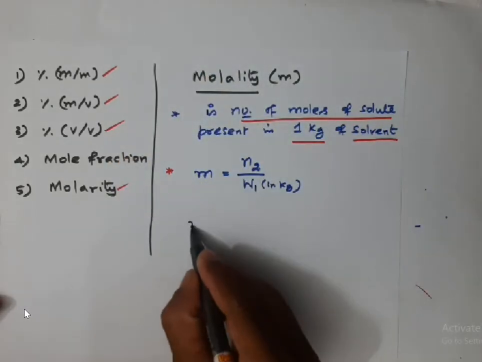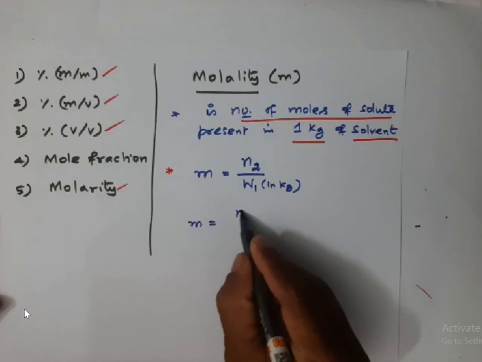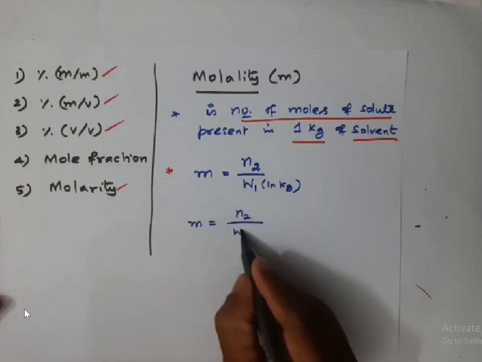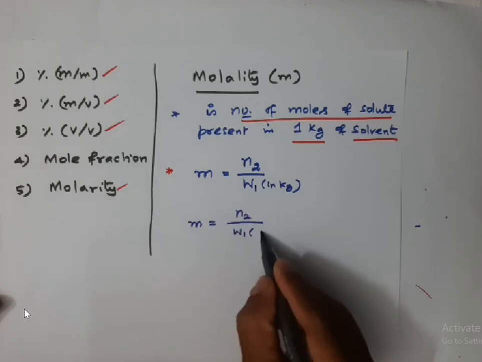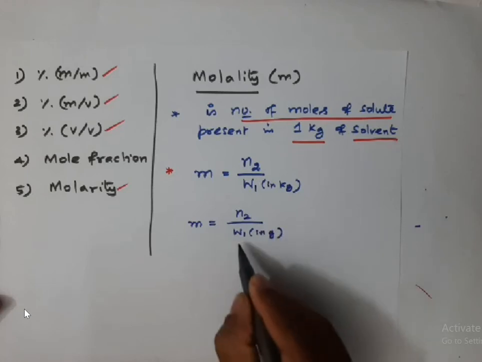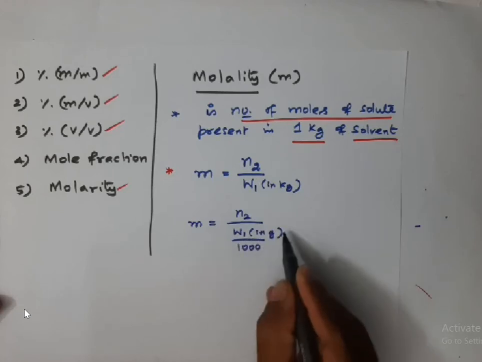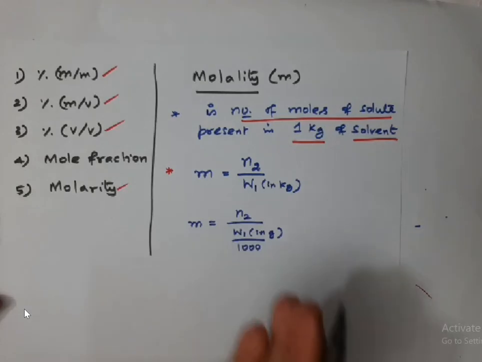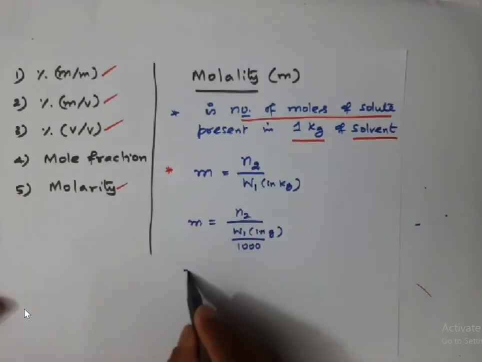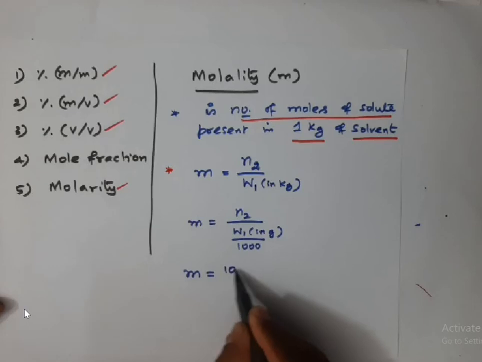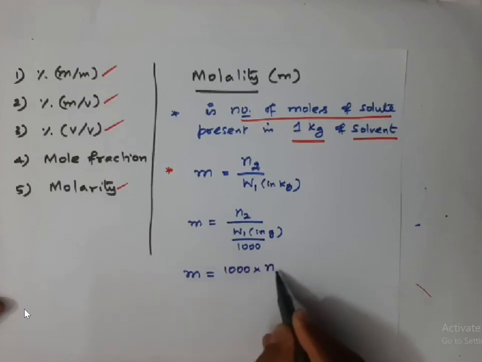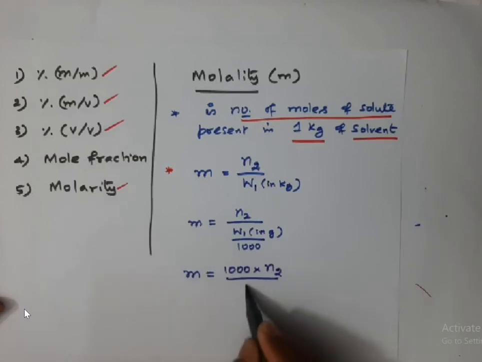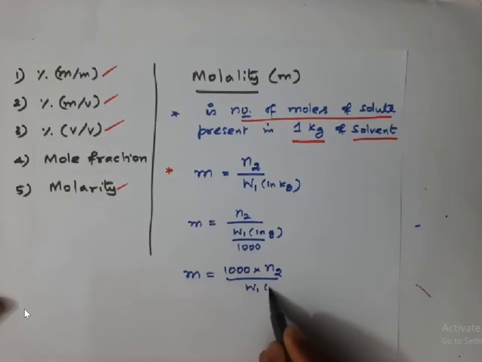Therefore molality is equal to number of moles divided by weight. If weight is given in gram, you have to divide that value by 1000 so that you get kilogram. Bring it to the numerator, so I can write molality equal to 1000 into number of moles of solute by mass of solvent, where solvent is in grams.